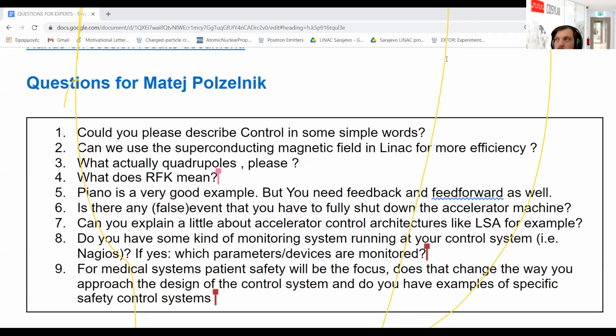So, for example, when I was talking about power converters, you have to show all the parameters for a power converter that is delivering power to the magnets, or any other device. Or, for example, I was just working on a device called sliding shorts.